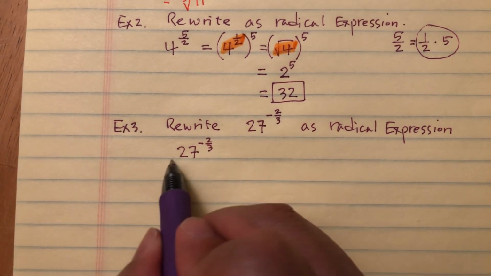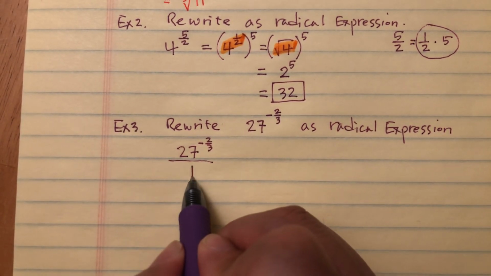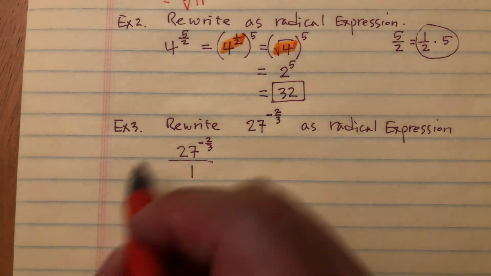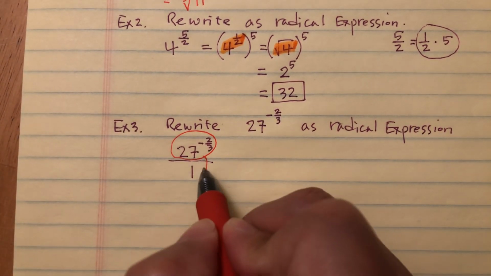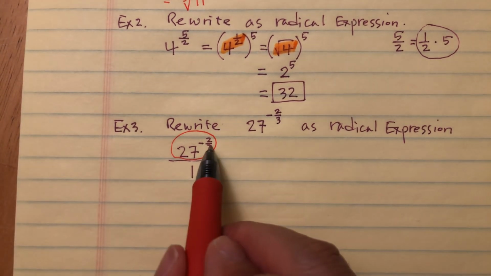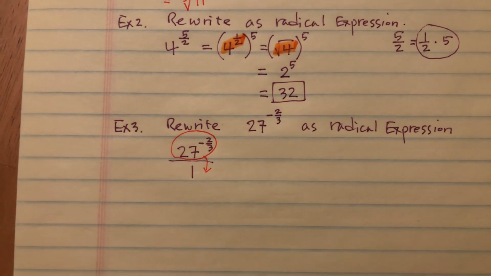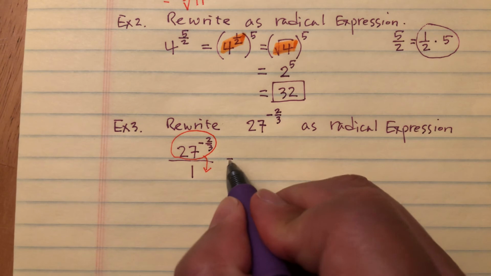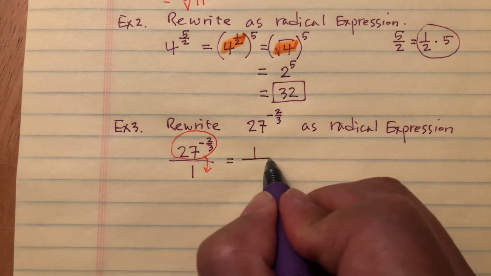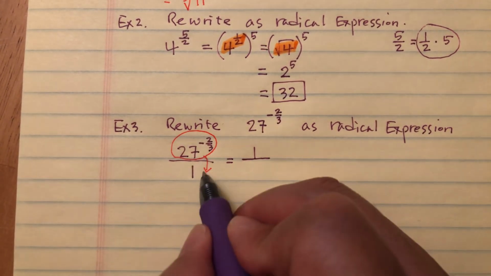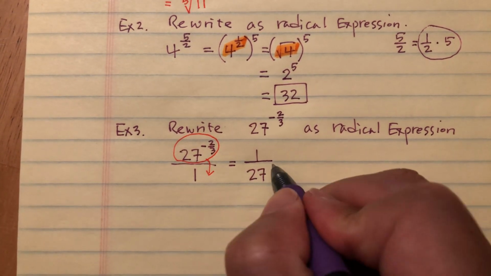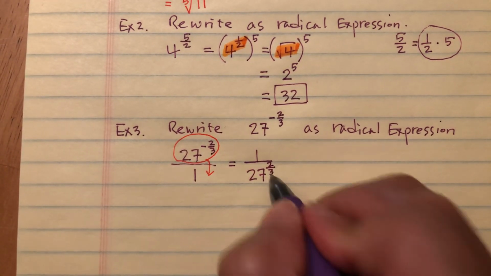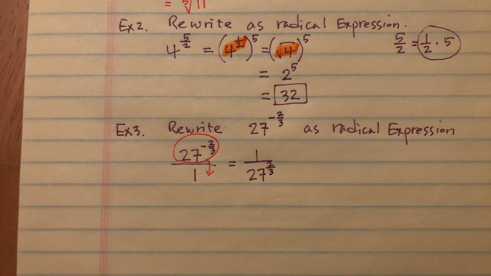We can make this over 1, right? Remember this? And then we can send the 27 whole thing across the fraction line and the exponent becomes positive, right? So we can change it into 1 over, because everything has gone to the bottom, so you got to leave the 1 there, and it becomes 27 to the 2/3 power, positive.